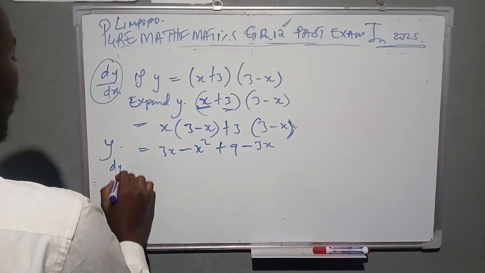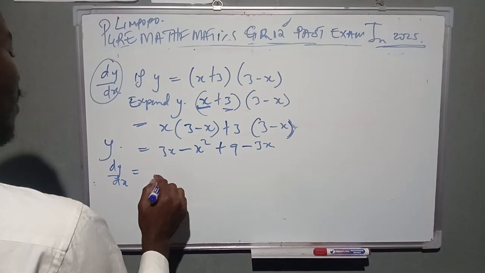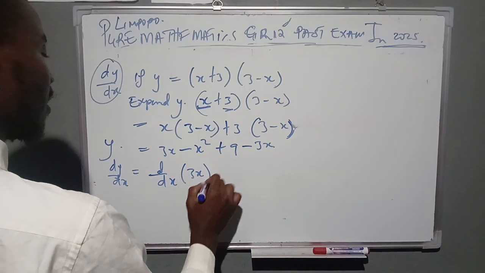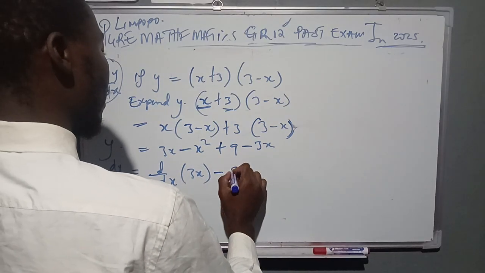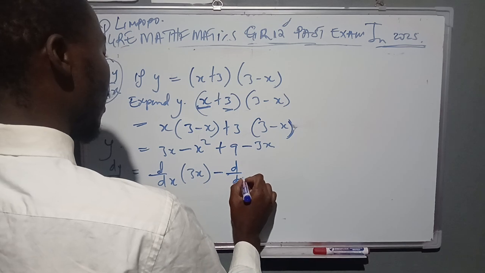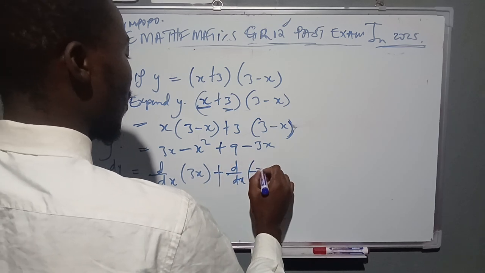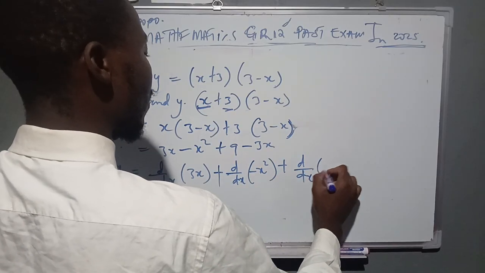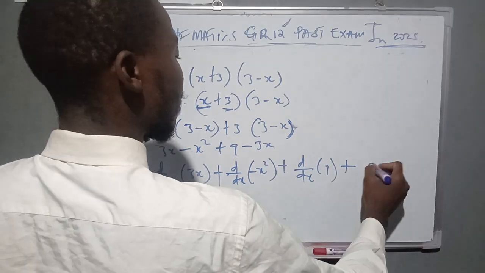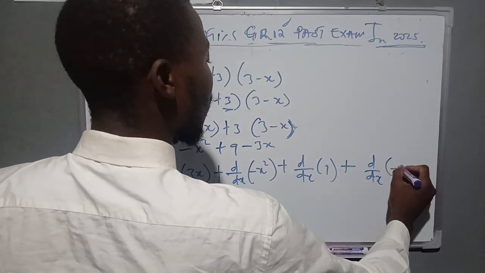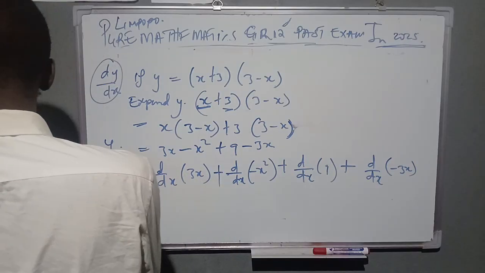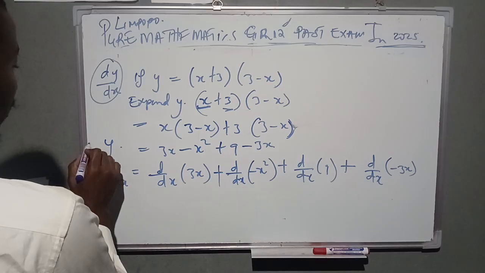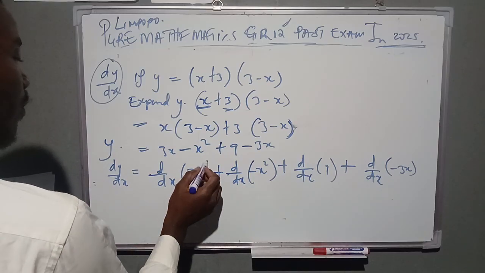So now if we want to find dy dx, we can say d over dx of 3x, plus d over dx of minus x squared, right, plus d over dx of 9 plus d over dx of minus 3x, like that. Then from there we can differentiate.